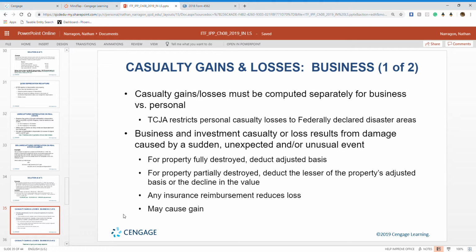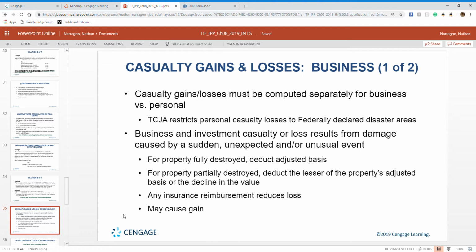So again, the cost minus depreciation. We get to deduct the whole basis. For property partially destroyed, we deduct the lesser of the property's adjusted basis or the decline in value. So we actually have to go find the value.